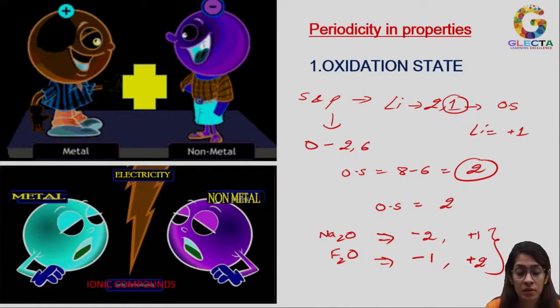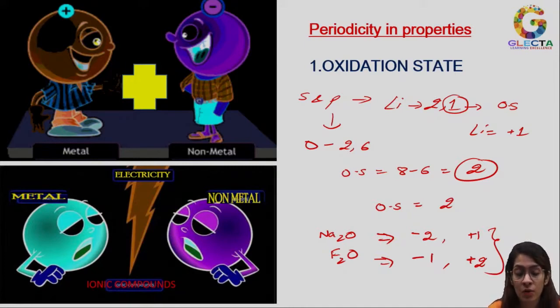Down the group, there is no change in the number of valence electrons. Thus, down the group, all the elements of a group show the same oxidation state. Whereas when we move from left to right in a period, what will happen? The number of valence electrons increases from 1 to 8.